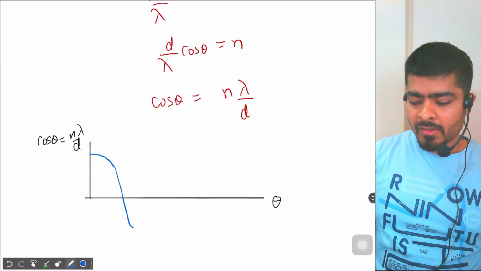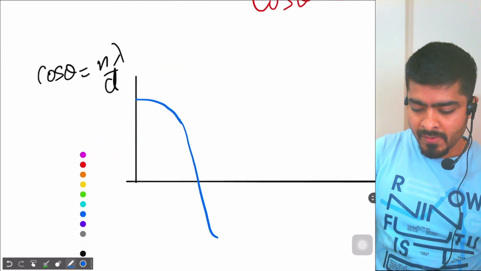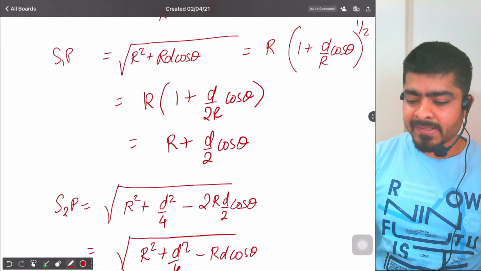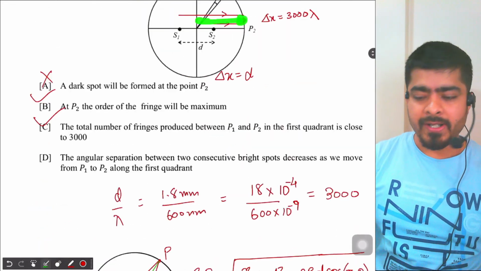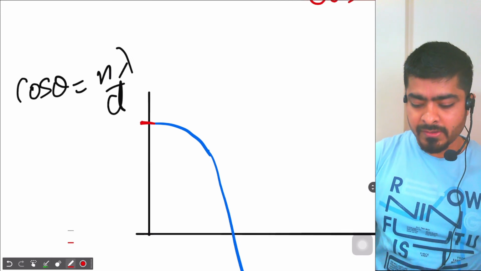Now if you look at this graph, we calculate that the point P, when theta is 0, you reach this point P2, right? So at theta equal to 0, you have a path difference of 3000 lambda.